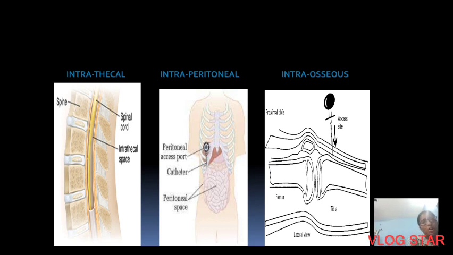Next is intraosseous. In case of severe shock, the drug is usually injected into the bone marrow using a special gadget. It will be used in case of severe shock or cardiac arrest, in emergencies and critical conditions.